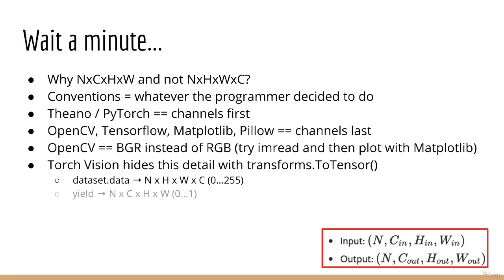But when you yield batches of data from the data loader, this data is transformed in whatever way is needed before it goes into the neural network. And so, when you inspect these batches of data, yielded by the data loader, you will see that they appear as n by color by height by width. So in fact, PyTorch still uses the convention that the color channel comes first, but it comes with interfaces that work with the more commonly used convention that the color channel comes last.